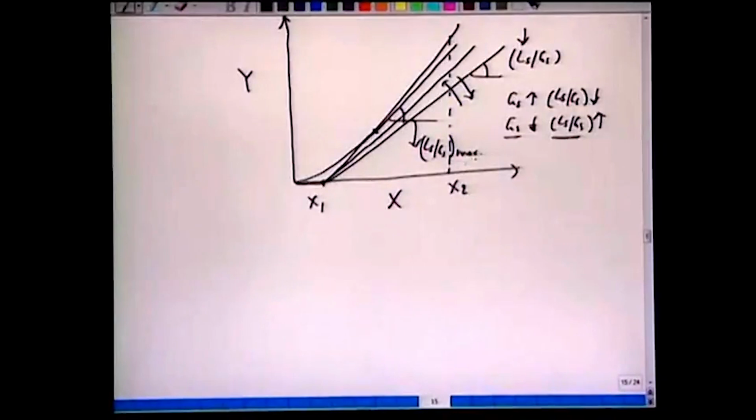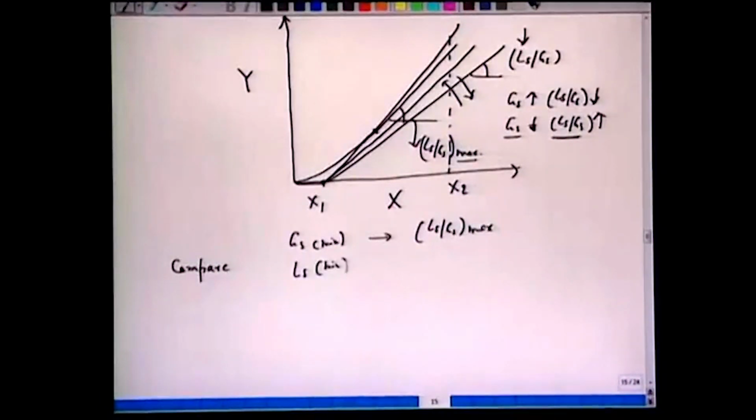Now we are getting a slope which is maximum, and we are looking for GS min, which we obtain from LS by GS maximum. Compare this to the previous case where we had LS minimum, which we obtained from LS by GS min.